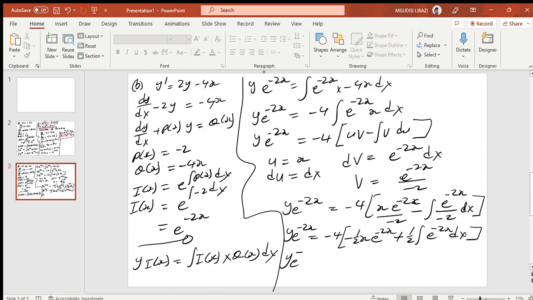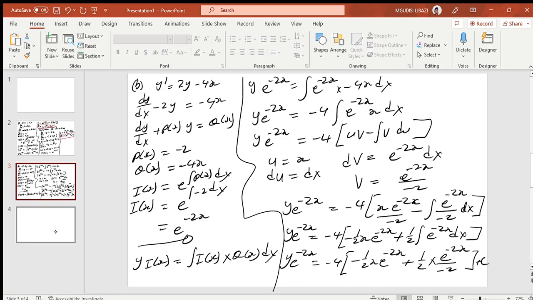y e raised to -2x is equal to -4 into -1 over 2x e raised to -2x, and then we can say plus 1 over 2 times the integral of e raised to -2x, which is going to be e raised to -2x divided by -2, plus a constant c.